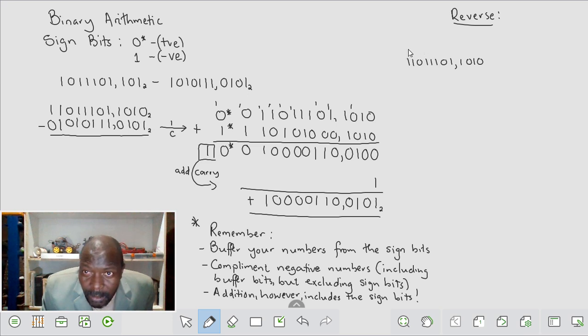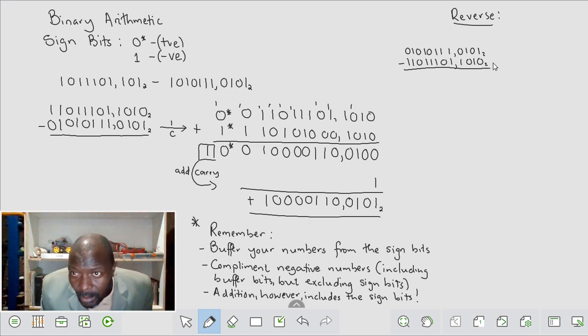So I'm going to say 0, 1, 0, 0, 1, 0, 1, 0. And then it's 1, 1, 1, 1, and then comma. The commas are in line. I'm happy. 0, 1, 0, 1. I'll say, okay, what if that one was subtracting the bigger number? The negative number, we are abhorrent to it.